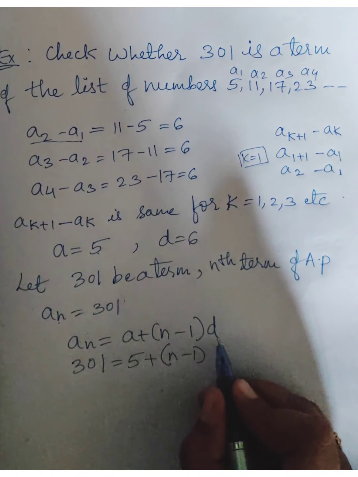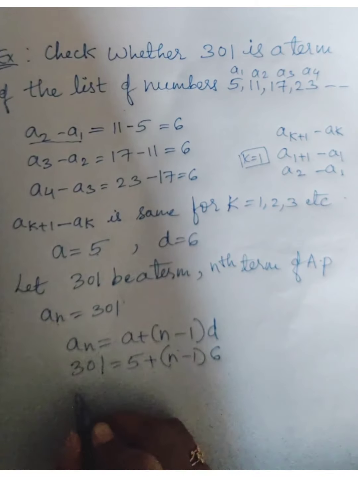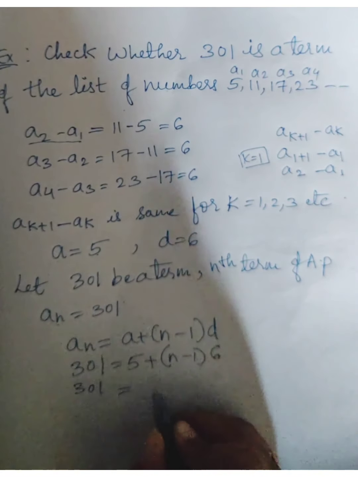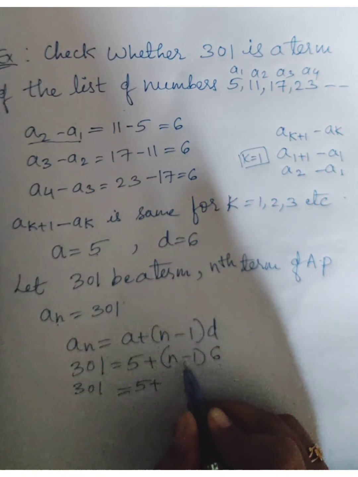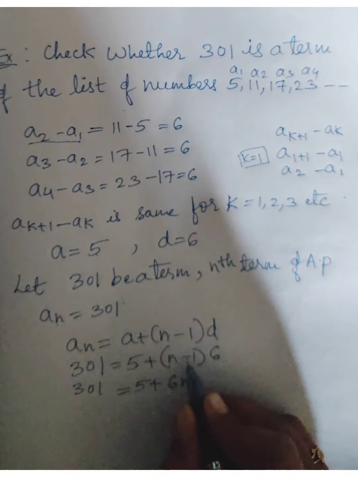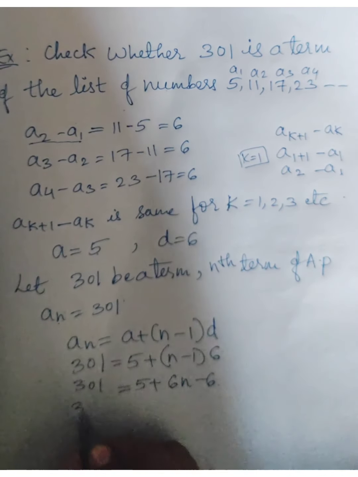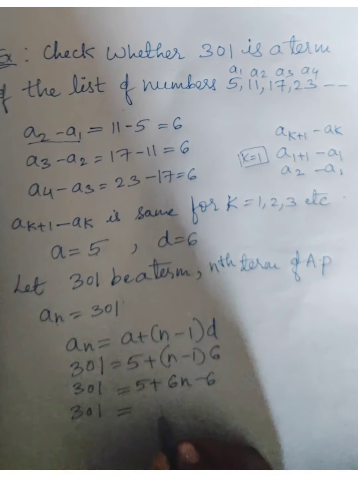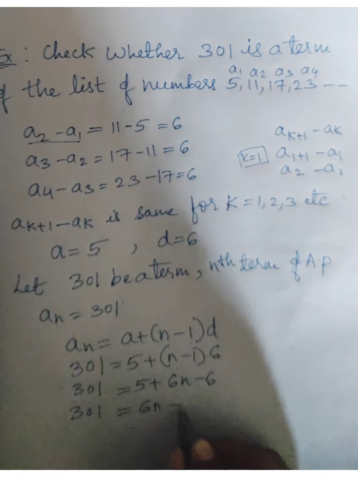D is 6. So solve it. 301 is equal to 5 plus, multiplying the 6 into the bracket, 6n minus 6. So 301 is equal to 5 minus 6, which is minus 1, so 6n minus 1.